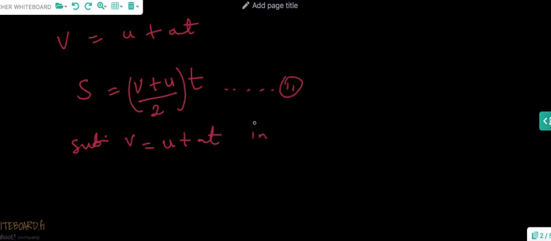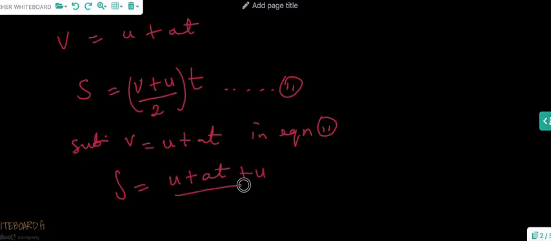In equation 2, we are going to have s equals, instead of writing v, I will replace it with u plus at. So it's going to be u plus at, plus u again, all over 2, then close the bracket, and t is outside the bracket.